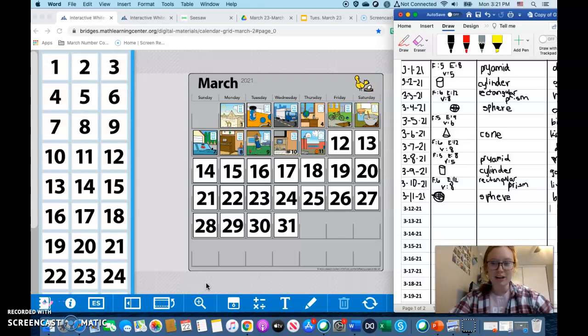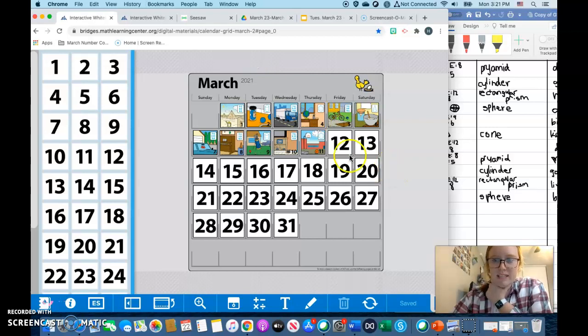This is Number Corner, and we're going to hop into it. We have a little bit of catching up to do. Let's take a look at our calendar here. We always start with our calendar grid, right? You're going to notice there are a lot of days that we haven't flipped yet. Today we're going to flip over March 12th because we have to crack the code on another one of our 3D shapes.